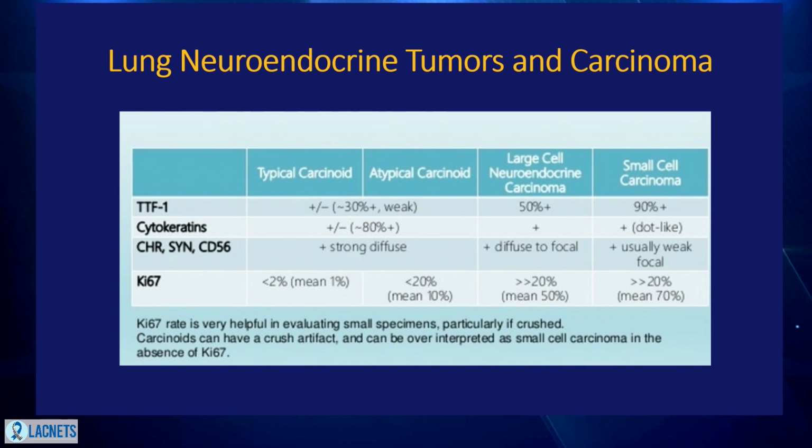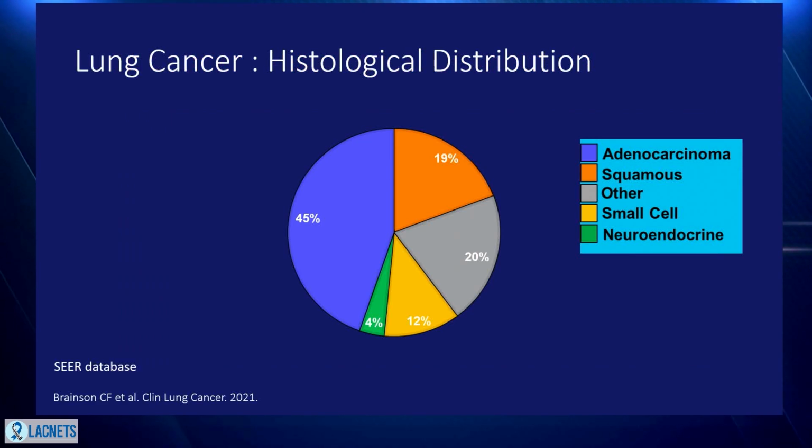Just to give you an example, if a patient is diagnosed with typical or atypical carcinoid, we may do a DOTATATE PET, as compared to small cell, where we do FDG PET. So getting the right diagnosis is very, very important.